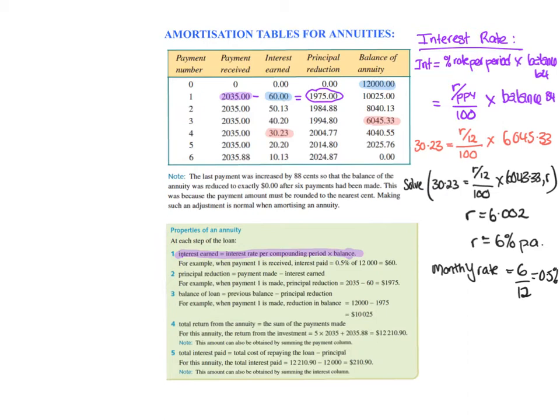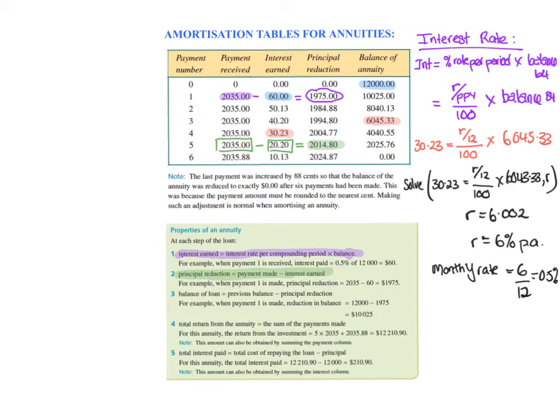Okay, so if we look at some of the other things, it says the principal reduction equals the payment made minus the interest earned. So if you look here, this number minus that equals that, yeah? So that's how we can work out principal reduction. And the balance of the loan, sorry, I'll just get another colour.